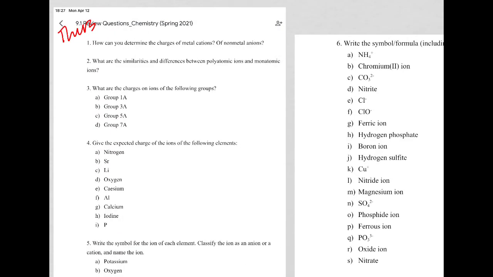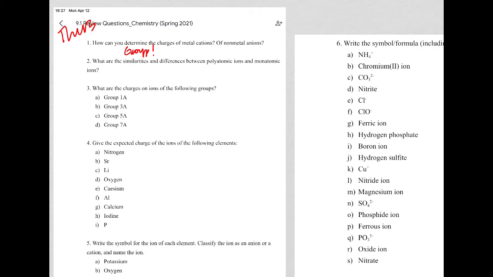These are the review questions. It says, how can you determine the charge of metal cations and of non-metal anions? You can determine the charge by knowing the group. If we look at the periodic table, all of those in group 2, beryllium, magnesium, etc., are going to have a 2+ charge.